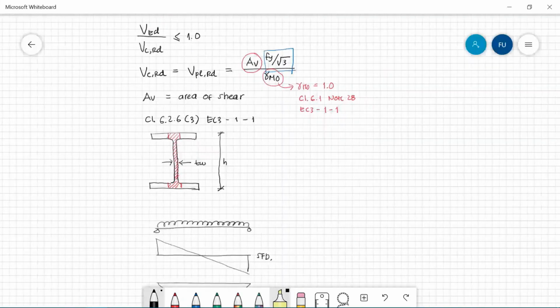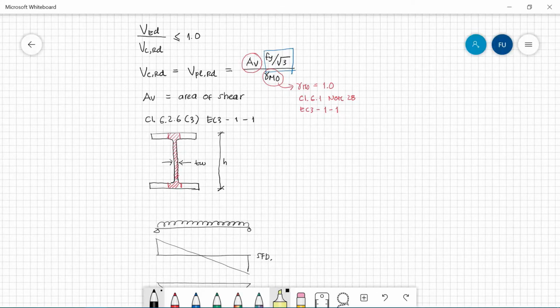Then VCRD is equal to V plastic RD, equal to area of shear times strength of material over square root 3 divided by gamma M0. So the area of shear can be determined, basically calculated from the area of the web, and you can find the expression in clause 6.2.6 in bracket 3.